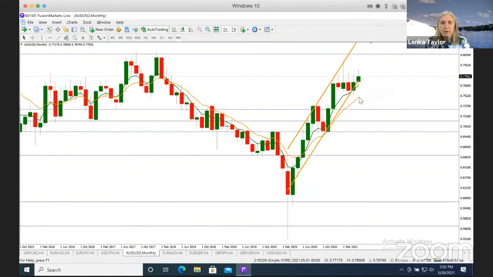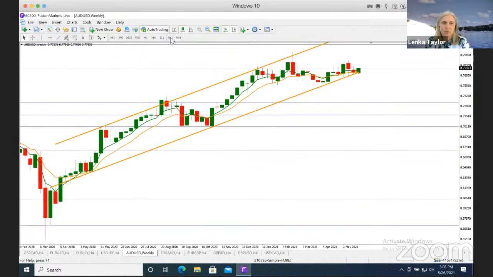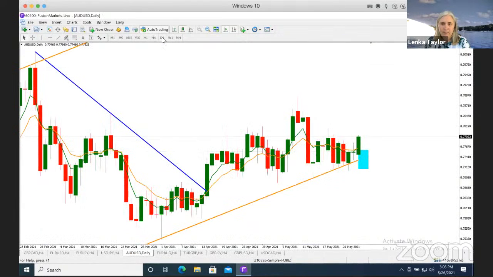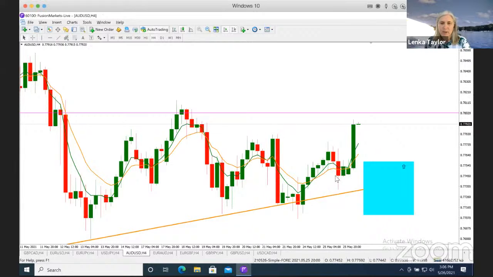So monthly, still looking at that uptrend, horizontal support is quite far away, but yeah, still within the channel on the weekly, and daily just hugging that channel there. So yeah, I'm not looking to enter now. The price is a bit too far, unless it comes back or goes further and retests.